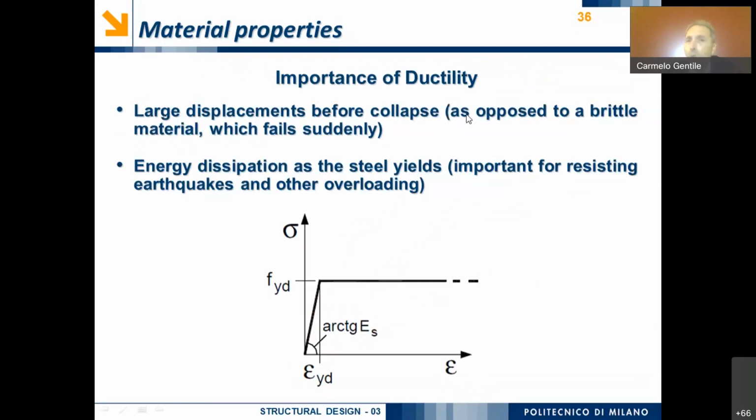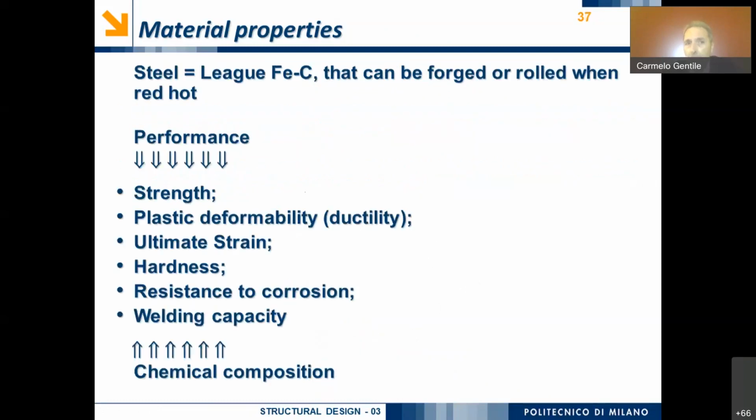And so it is opposite to brittle material which fails suddenly, like reinforced concrete, or not reinforced, like the concrete material or the masonry under compression. And there is a dissipation as steel yields, okay? And this is very important, for example, for resisting earthquakes and other overloading.